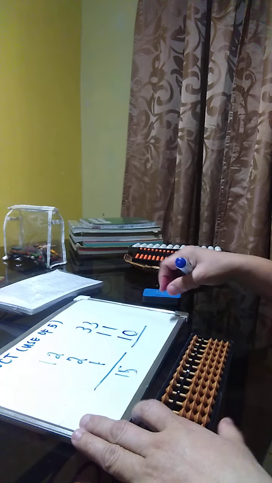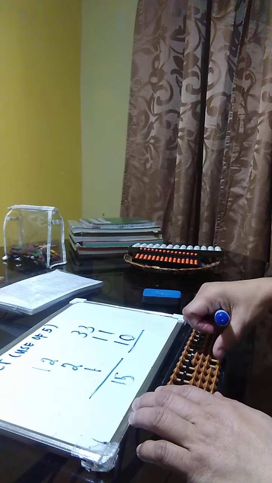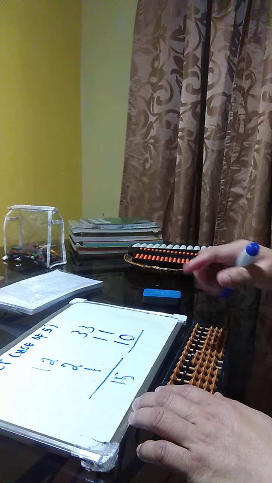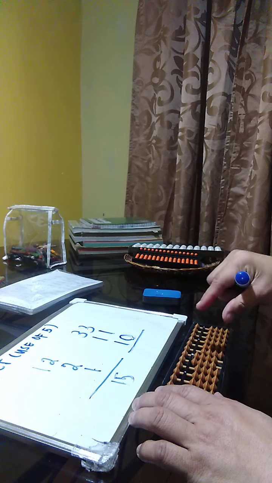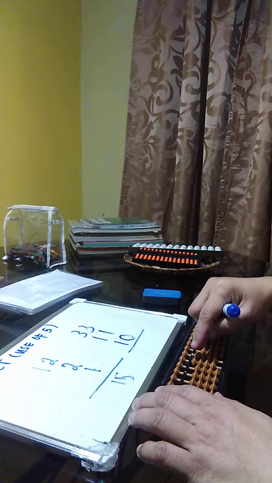Okay. My pen is running out of ink. So I have here 33. I want to add 11. 11 makes a 10 and a 1. Of course, we're always reading from left to right. And then I want to add 10.